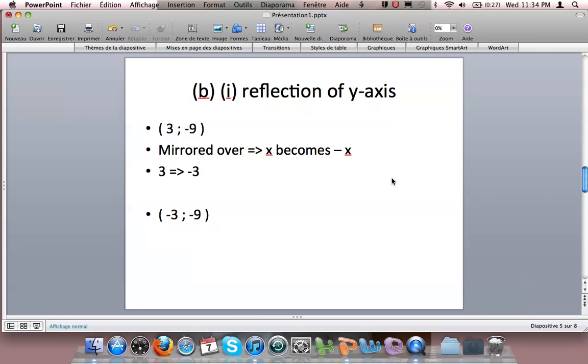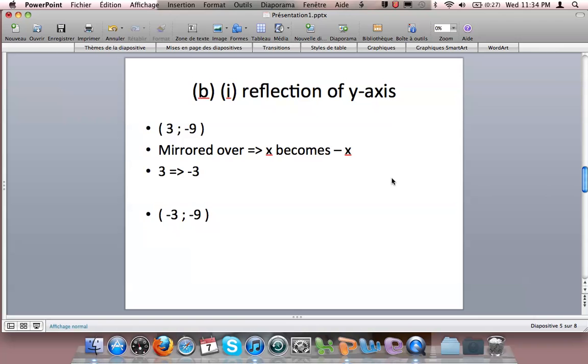Question B is: write down the coordinates of the image of B after reflection in the y-axis. So we have (3, minus 9). The reflection is basically a mirror, like we reflect on the other side of the y-axis.